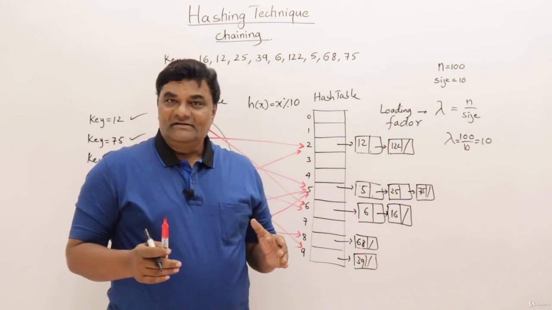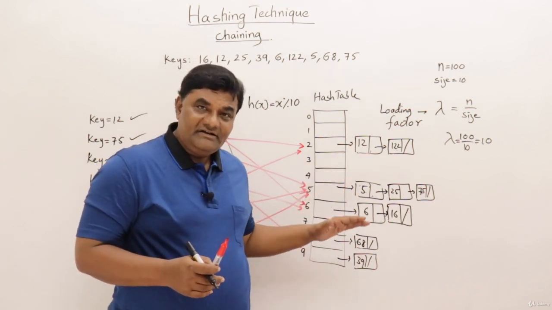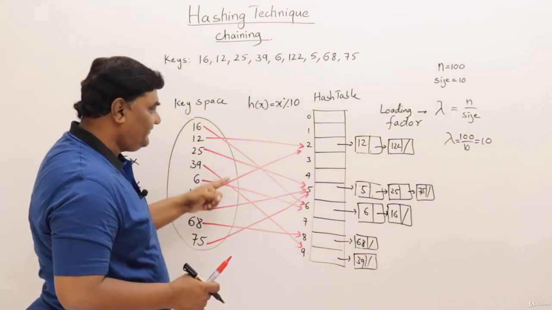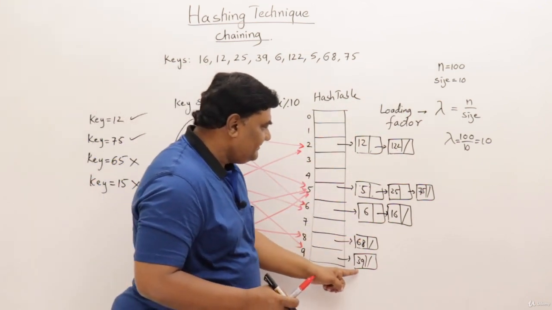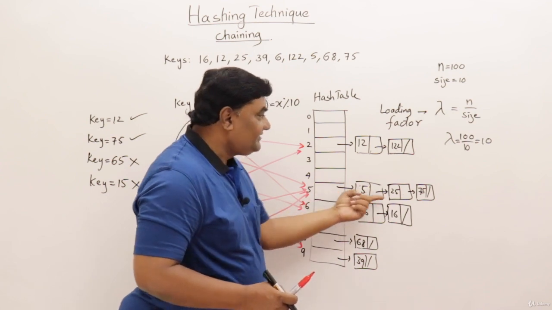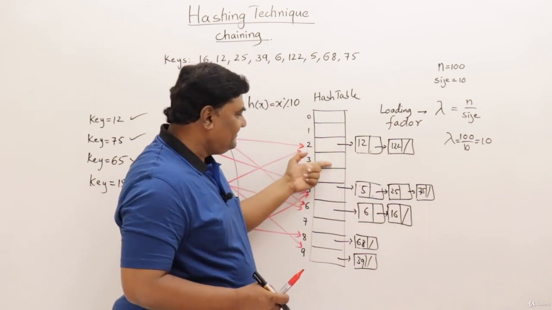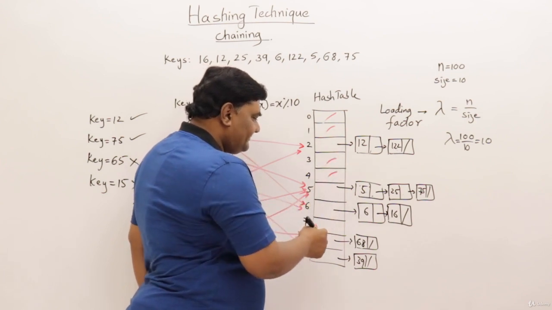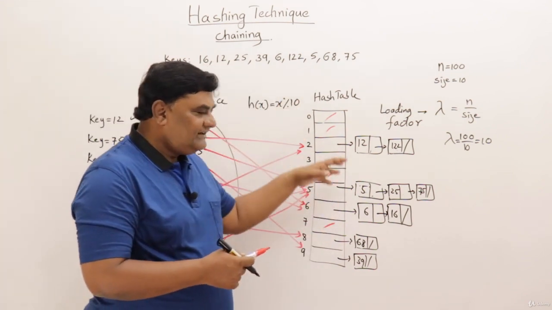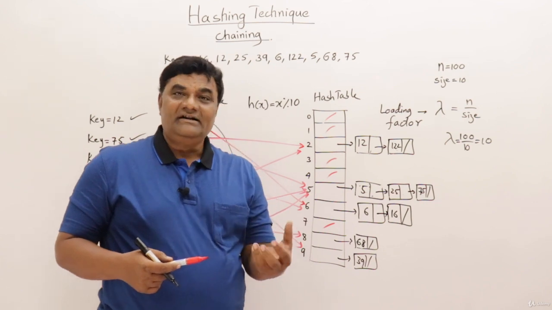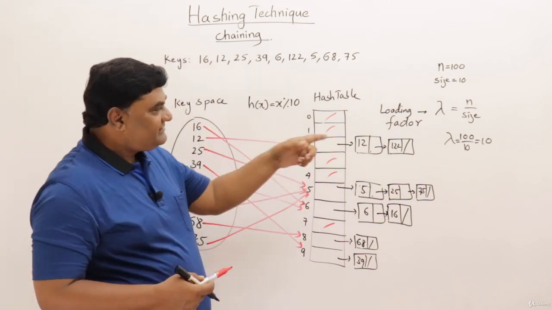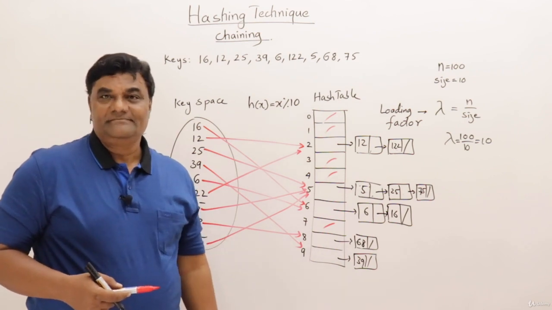If you observe the example we have seen, one location has one element, another two, another 3 elements, and some are still empty, they are nulls. The reality is something else, but we are assuming that the keys are uniformly distributed. Now based on this, we will do analysis.